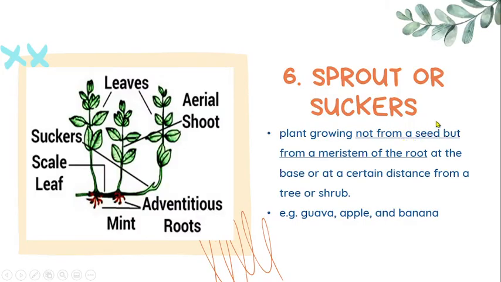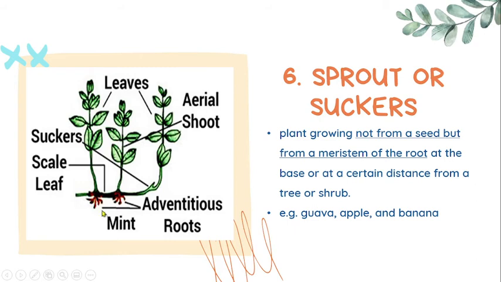Okay, next up we have sprouts or suckers. These are plants that, take note, are not from a seed, but from a meristem of the root at the base or at a certain distance from a tree or shrub. Examples include guava, apple, and banana. So you can see here in the picture, we have our plant here, this one.